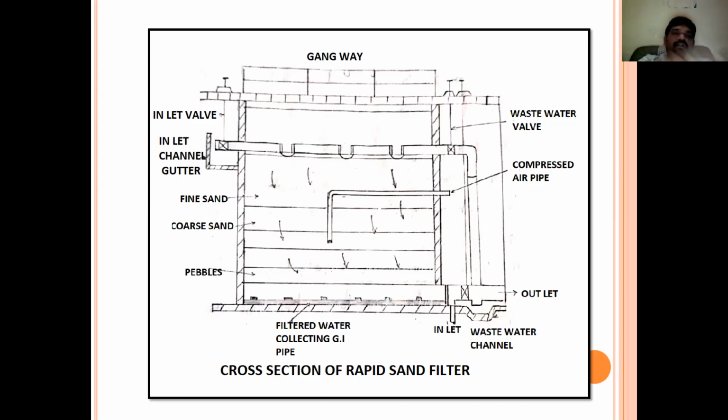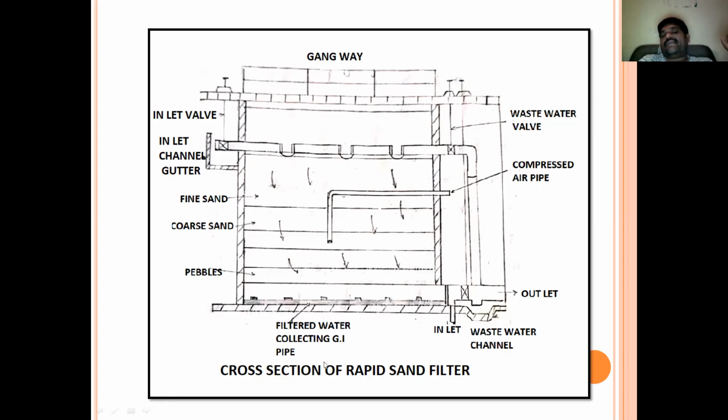First of all, in the process, through the inlet, water enters into the sand filter media, and this inlet is regulated by a wall, and the water will be distributed uniformly on the sand bed. Slowly, the water through the sand bed enters the underdrain. See, the filtered water collecting GI pipe is here.